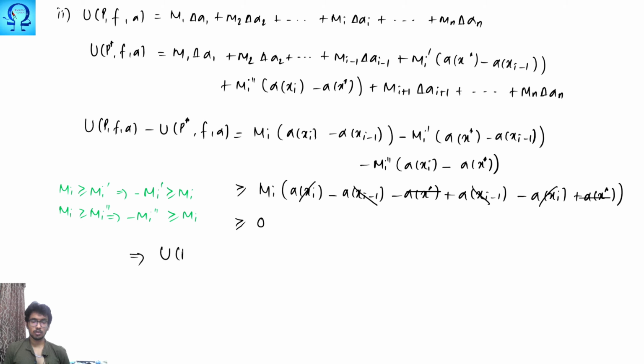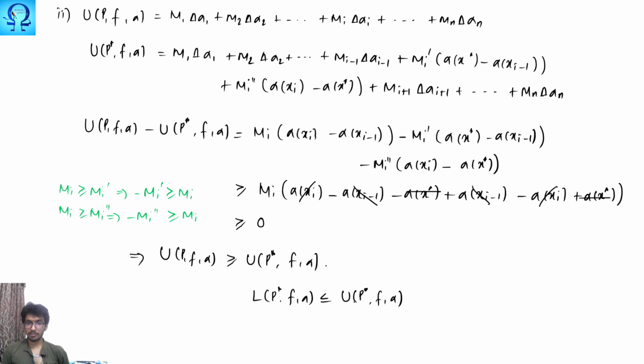Which implies UPF alpha is bigger than or equals UP star F alpha. Now for any partition, lower is smaller than or equals upper. So in this result what we have proved is that this is smaller than or equals UPF alpha, and this is what we have proved. Actually here completes the proof.